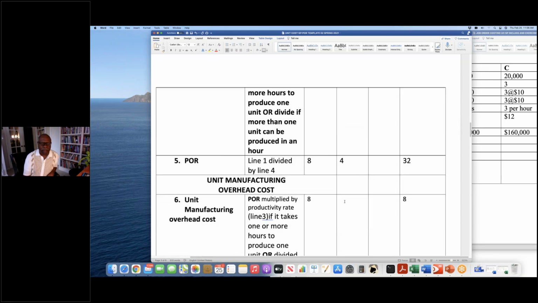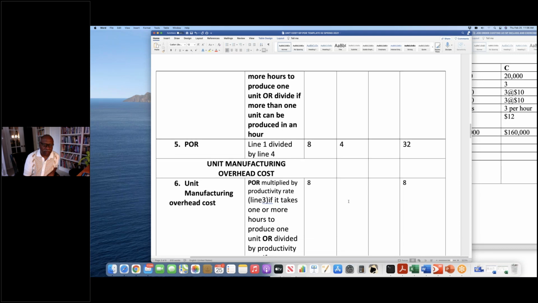What's going to be our unit manufacturing cost? It's the POR by line 3, right? Does it say POR multiplied by what? Line 3. So what's that going to be? Your POR is 4.